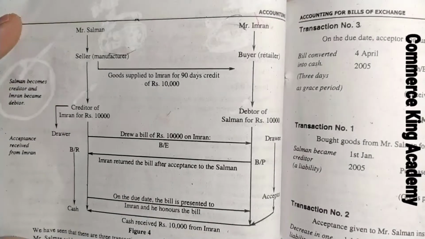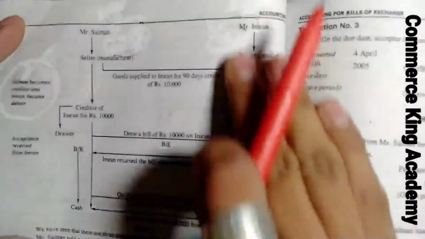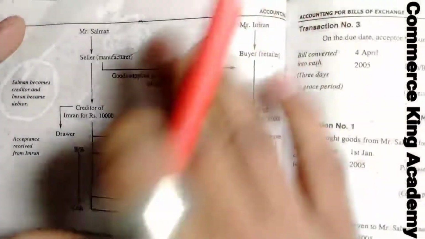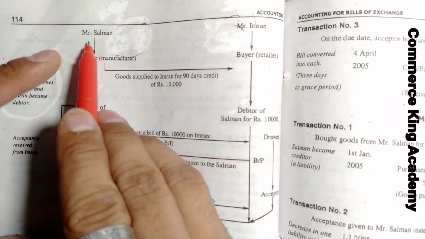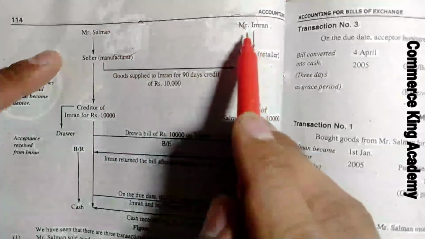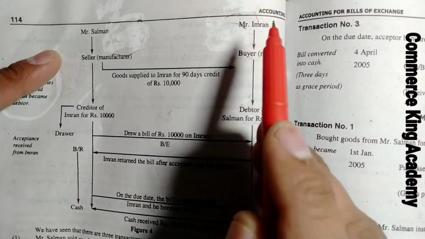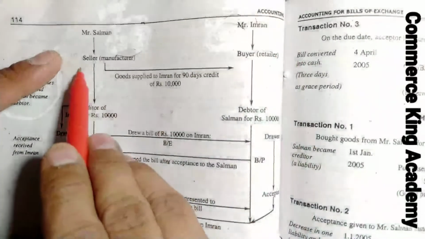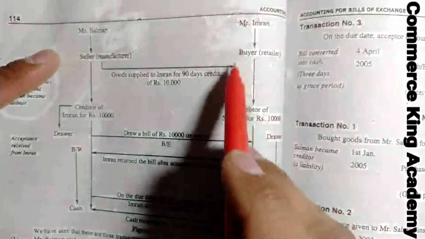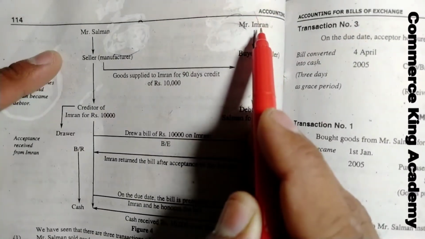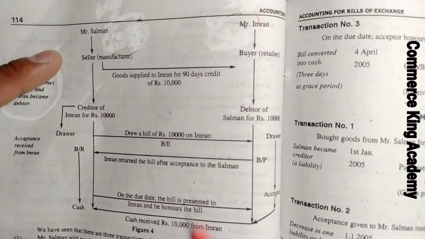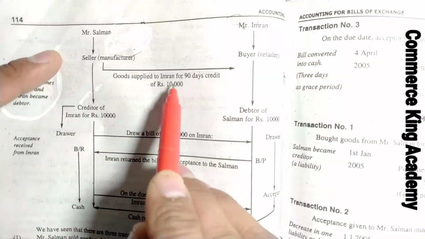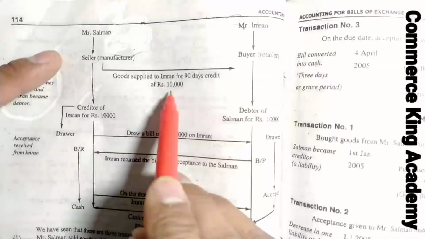So this is the structure or format of the drawing and acceptance of bill of exchange between the parties. Mr. Salman is the manufacturer of shoes, and on the other hand, the second party, Mr. Imran, is the retail trader of shoes. Seller, manufacturer, Mr. Salman. Buyer, retailer, Mr. Imran. Both parties agree to supply goods. So goods are supplied to Mr. Imran for 90 days credit for rupees 10,000.